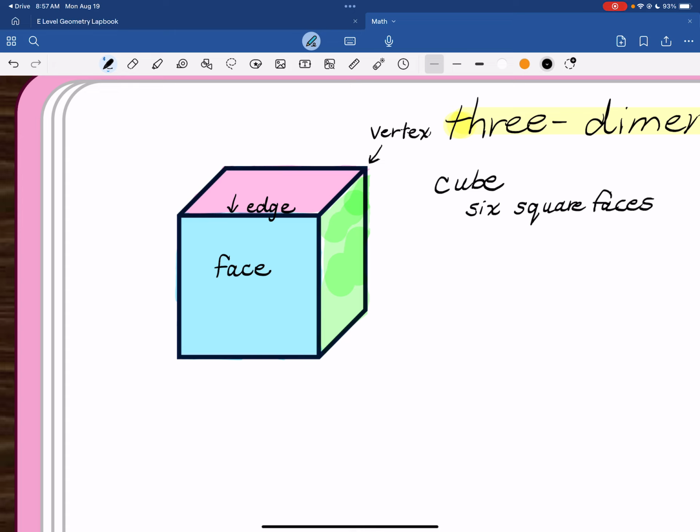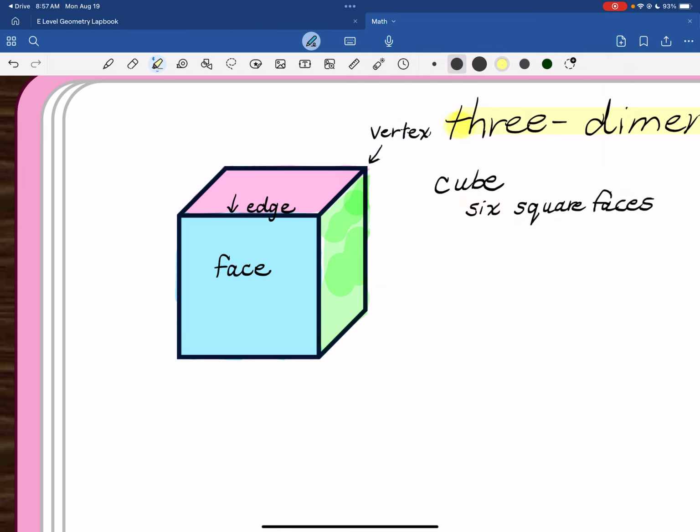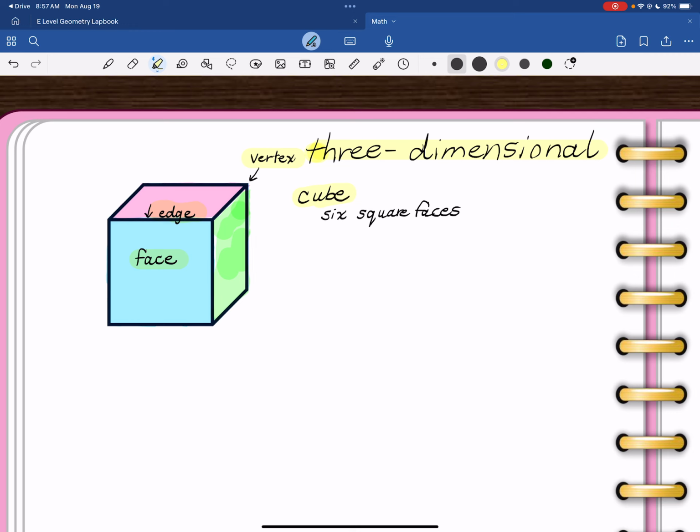Vertex, edge, and face are all vocabulary words. Also cube. So you've got 5 vocabulary words right here in this one picture. You have three-dimensional, cube, face, edge, and vertex. The plural of vertex is vertices.